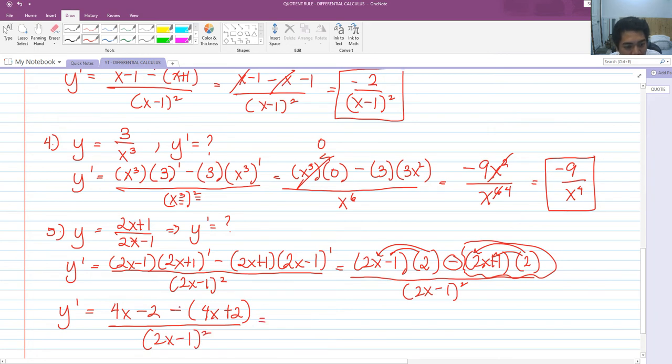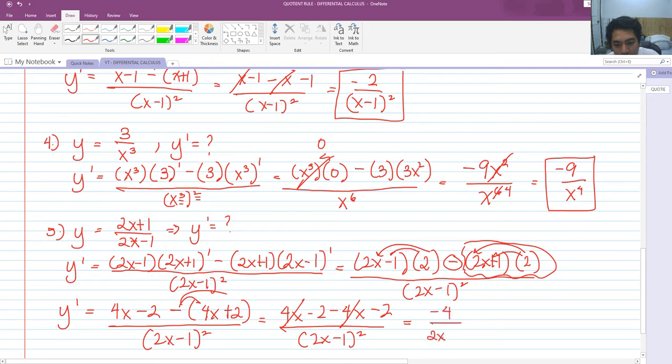I'll be distributing the negative sign. So you have 4x minus 2 minus 4x minus 2, all over 2x minus 1 squared. So 4x minus 4x would be 0. Negative 2 minus 2 would be negative 4 all over 2x minus 1 squared.